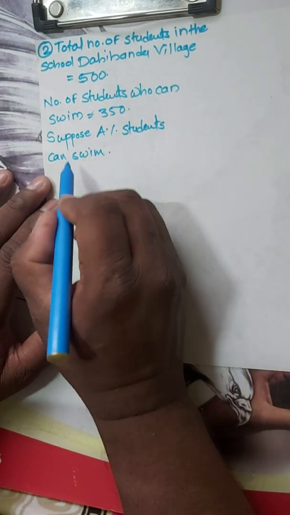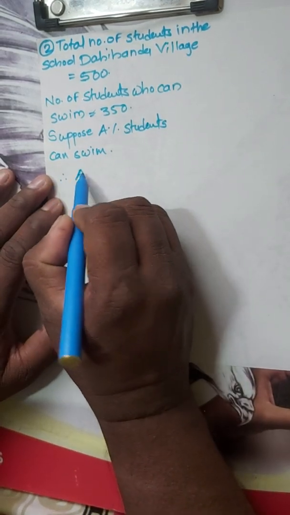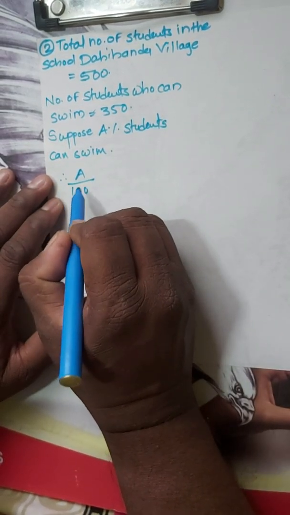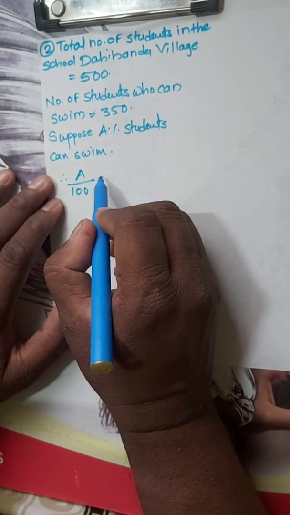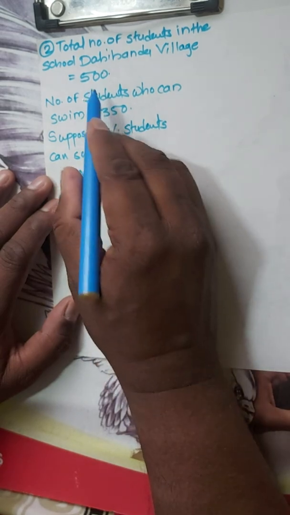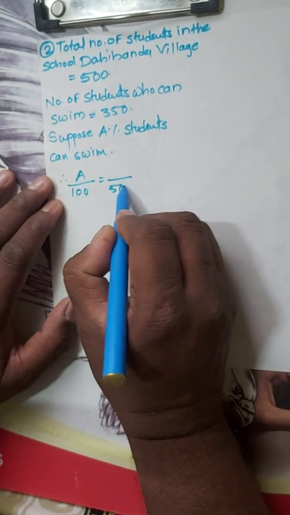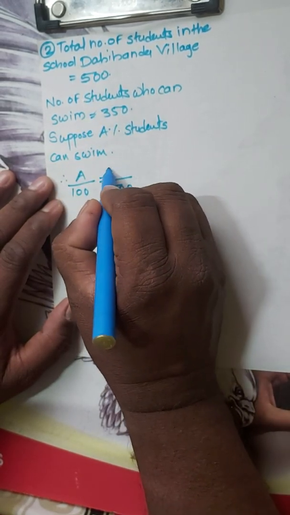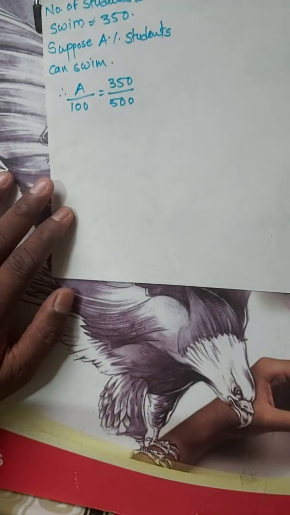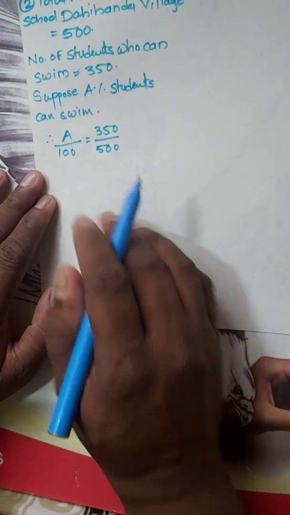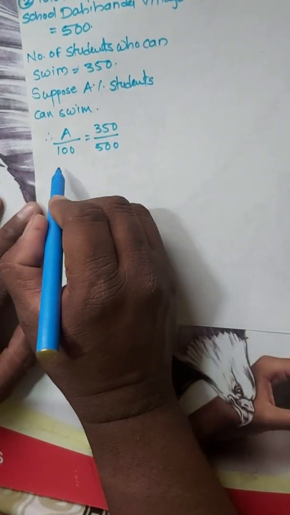Now we'll write our equation: a upon 100, because we have to find this a percent. So a upon 100 is equal to, out of 500, meaning 500 is the denominator, how many are able to swim? 350. Now directly, as I told you, we'll solve this with the next step.